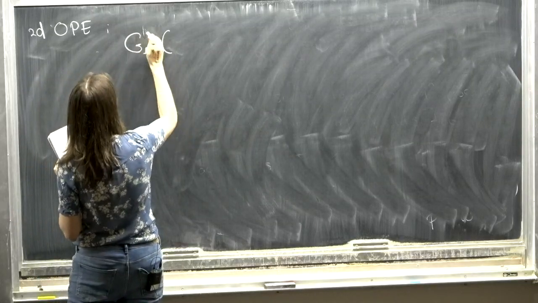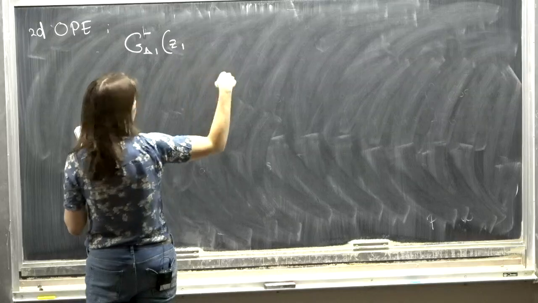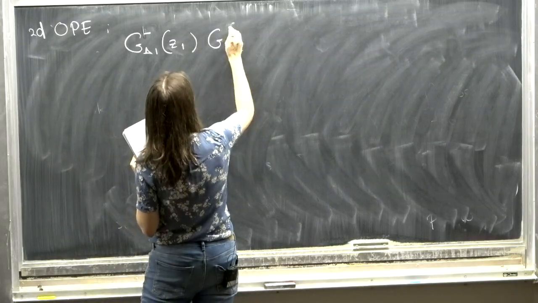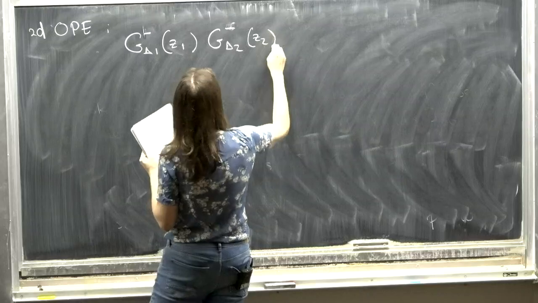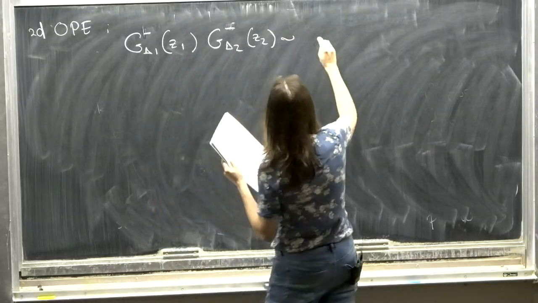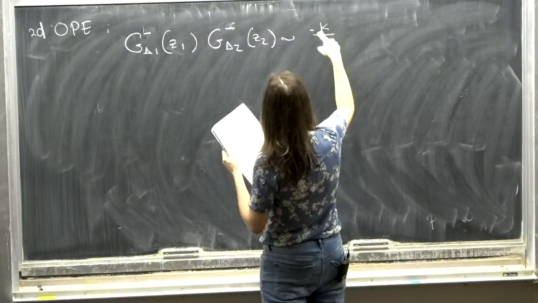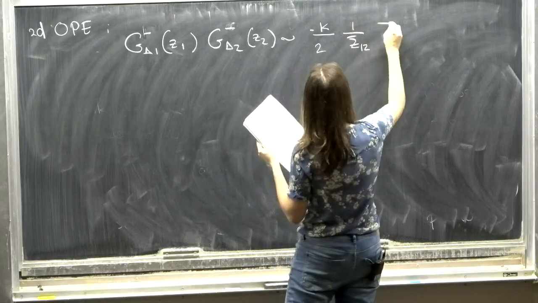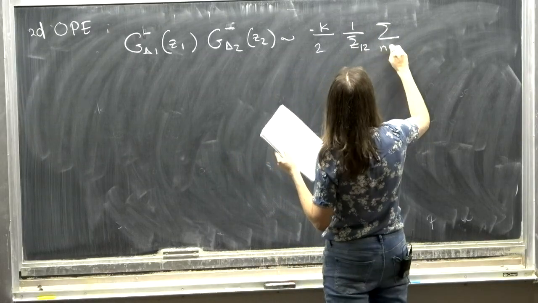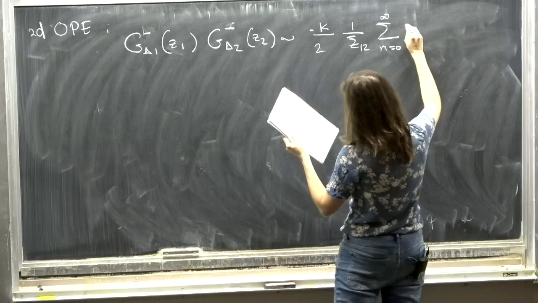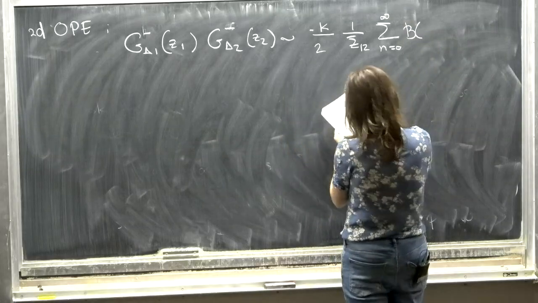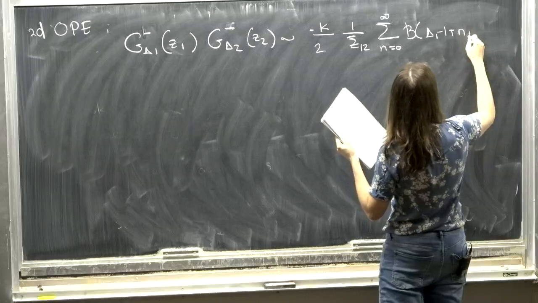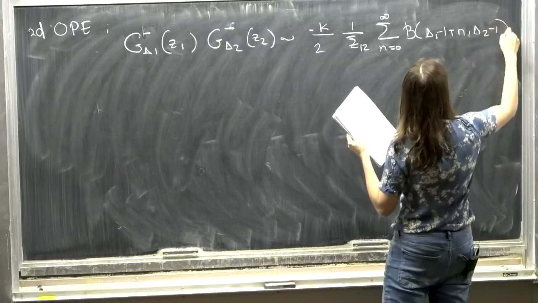So let's take the negative helicity ones to relate to the charges that we've written down before. G minus at z1, G minus at z2 goes like minus kappa, where this depends on G Newton, 1 over z bar 1, 2. And then we have some sum from n equal to 0 to infinity. And then we have a beta function of delta 1 minus 1 plus n, delta 2 minus 1.